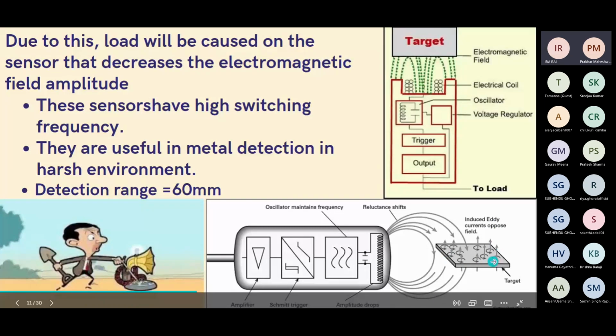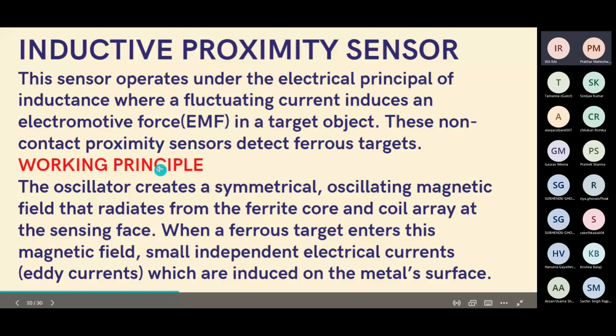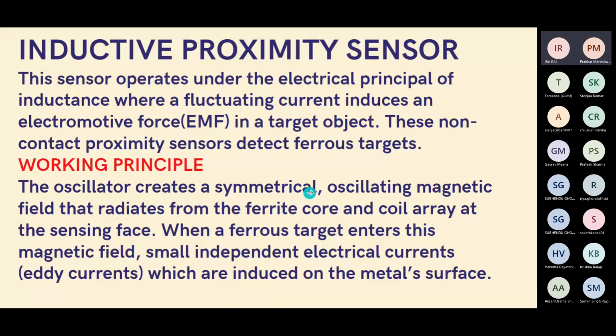So let's see the working principle here. The oscillator creates a symmetrical oscillating magnetic field that radiates from the ferrite core and coil array at the sensing surface. This type of sensor is limited to ferrous targets or metal targets because only they can produce eddy currents.